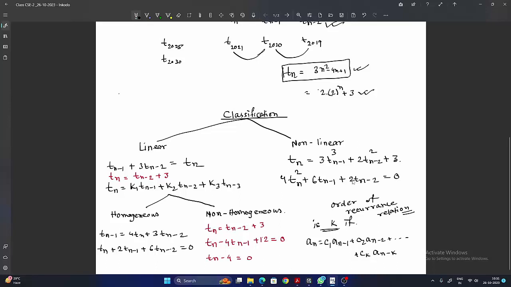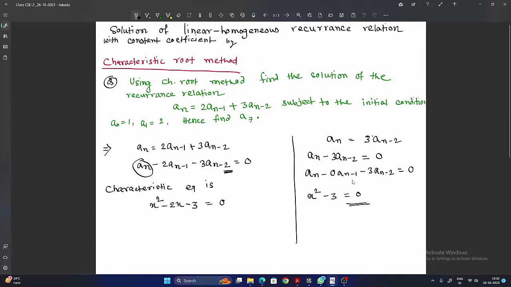So here order k means the least term present. In this equation you can say it is of order 2, it is of order 2, it is of order 3, because t(n-3) is there. This one is of order 1, because the lowest term is t(n-1). Here also in this equation the lowest is 2, a(n-2). So what you have to do?